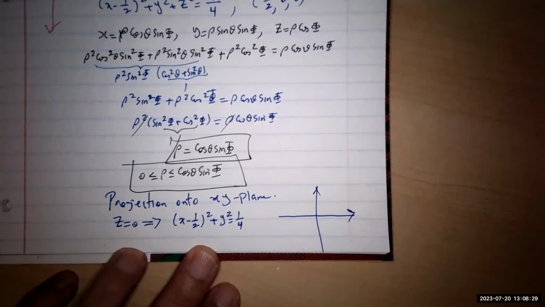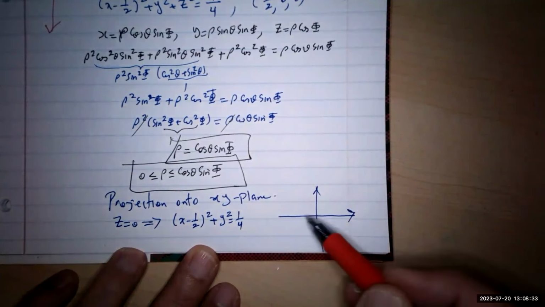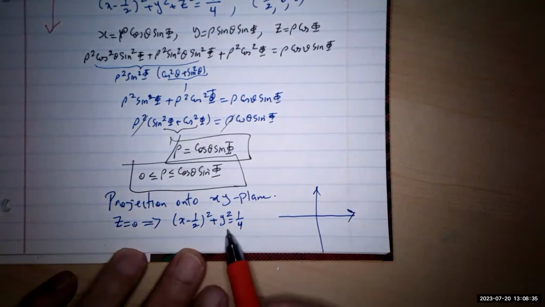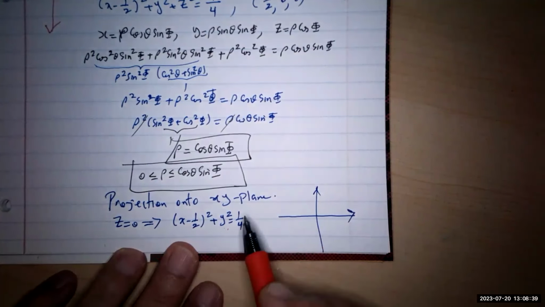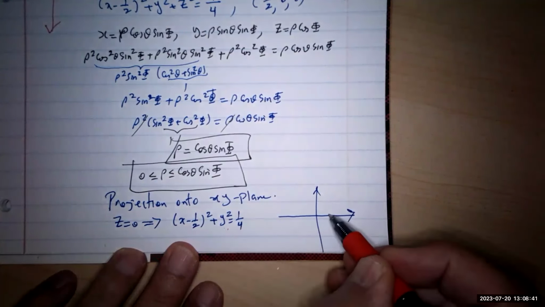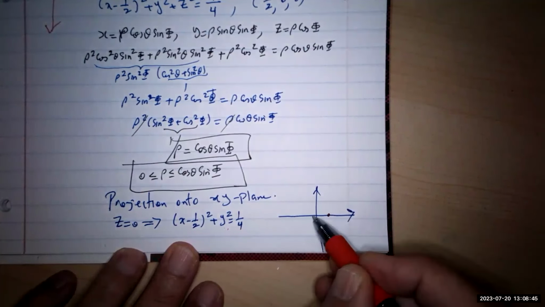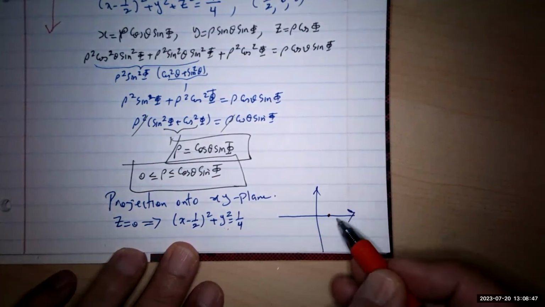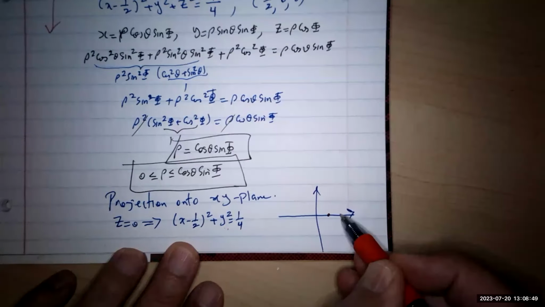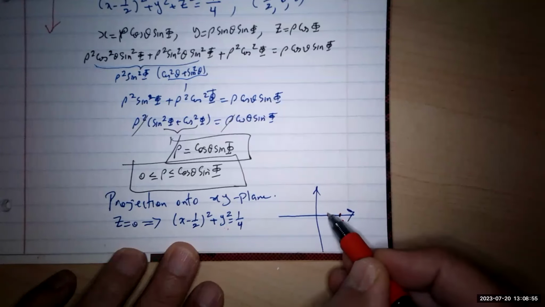So you have no restriction on the phi. It's going to be between 0 and pi. You have to identify this. You see, the center is going to be at 1/2 and 0. Okay, this is going to be your center. The 1/2 to the right, 1/2 to the left, so this is going to be 1/2 again. And 1/2 top and 1/2 down.